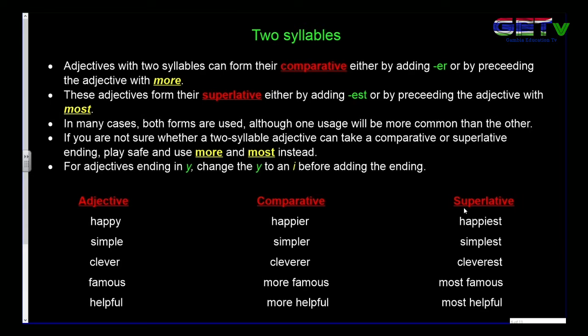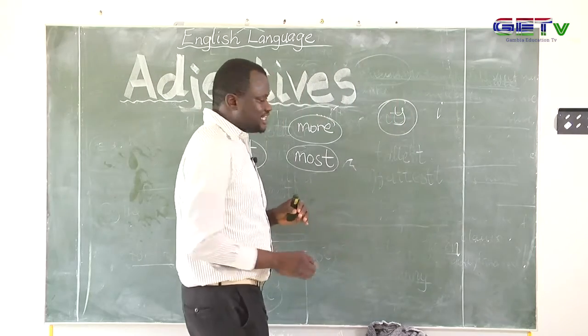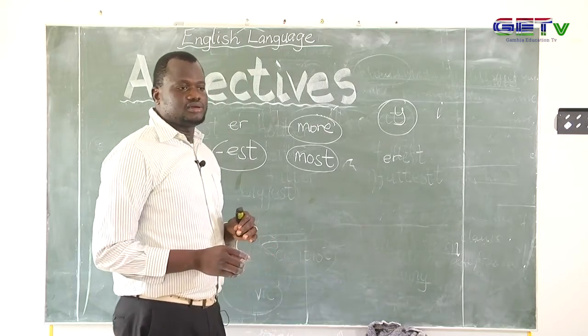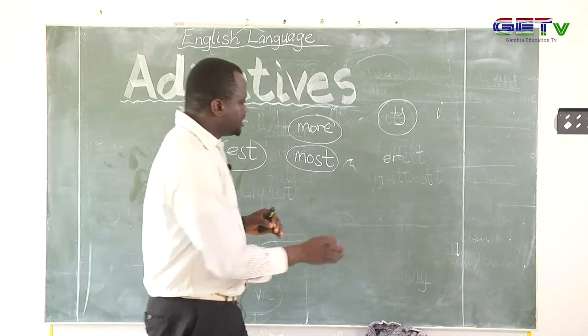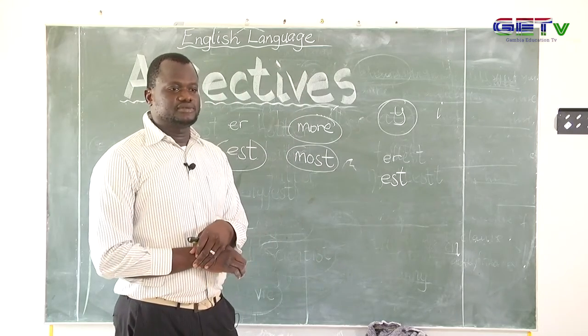For adjectives ending in Y, change this Y to I, and then you add ER for the comparative and EST for the superlative.